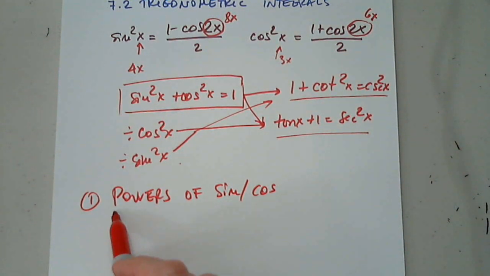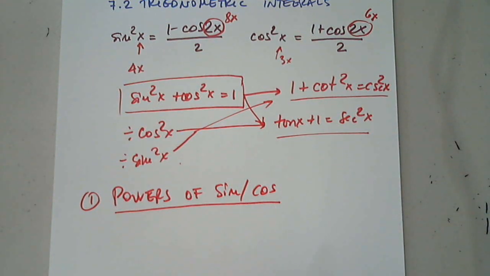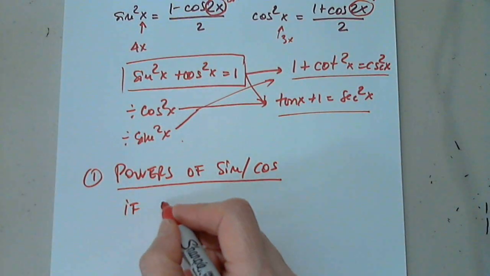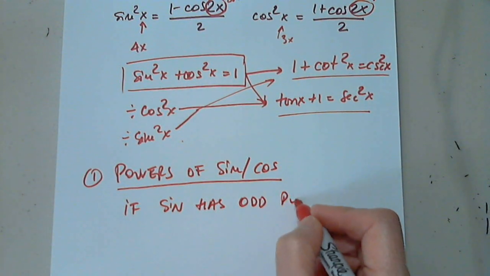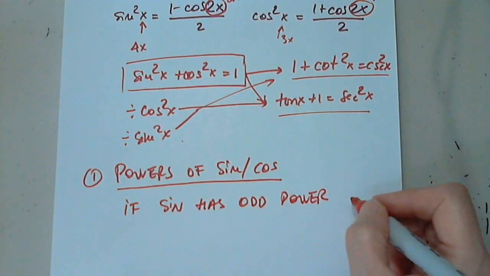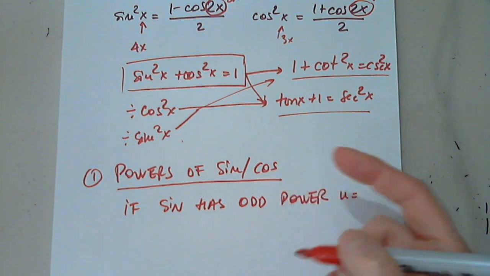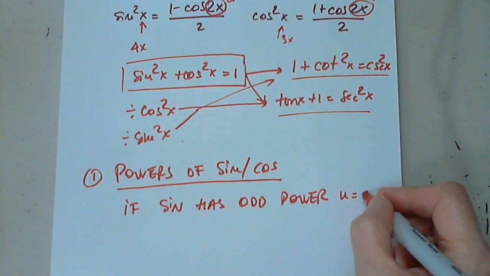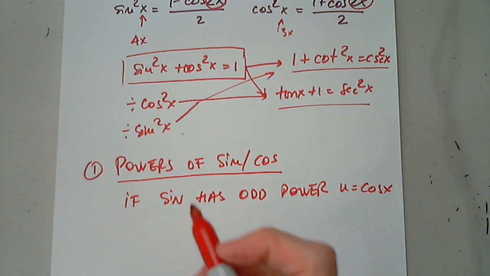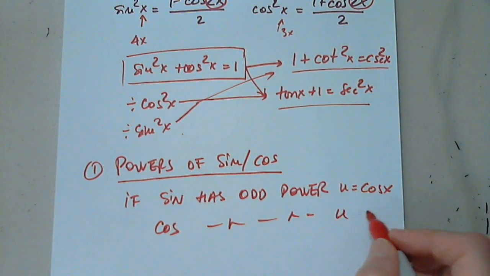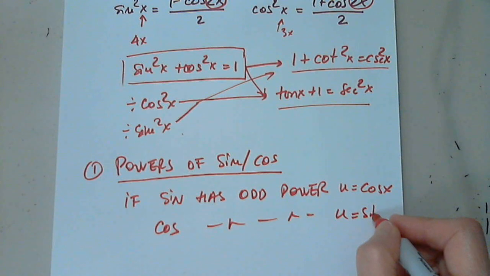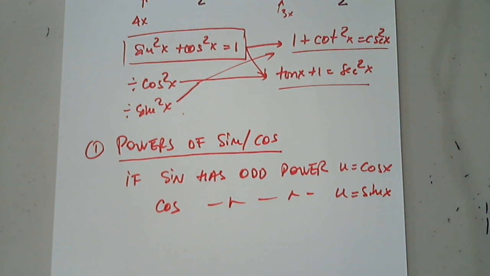So what happens here is if sine has odd power, use the other one: denote u by cosine. If cosine has odd power, use the notation u equals the opposite.